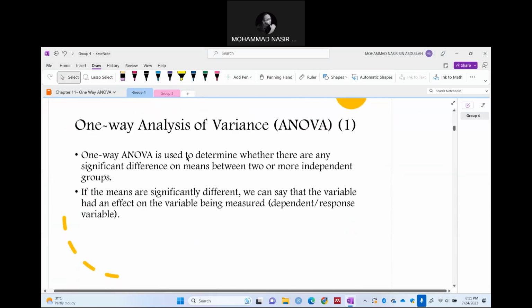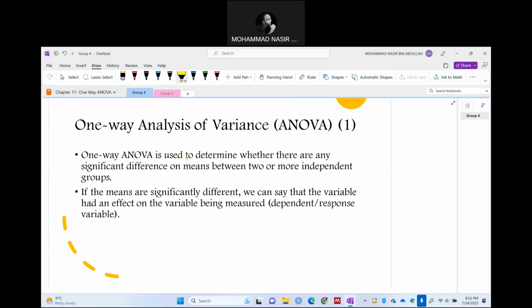So now, one-way ANOVA is used to determine whether there are any significant differences in means between two or more independent groups. We already learned in hypothesis testing, chapter number 8, if you still remember, for two population groups, if you want to find whether there is any difference between these two groups, we use the t-test.